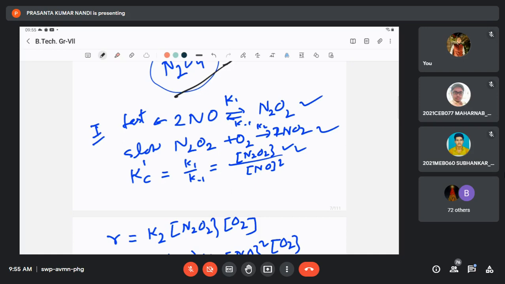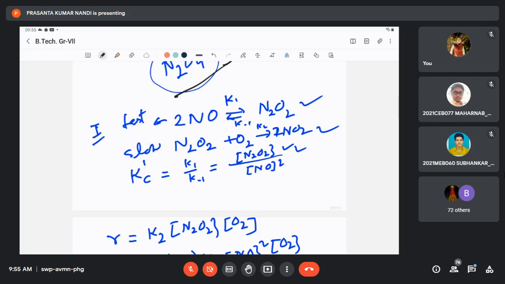Since the first step is a reversible equilibrium, I have written the equilibrium concept on the concentration scale: let Kc prime equal K1 by K minus 1, the ratio of the rate constants of the reversible reaction, given by N2O2 over NO squared.